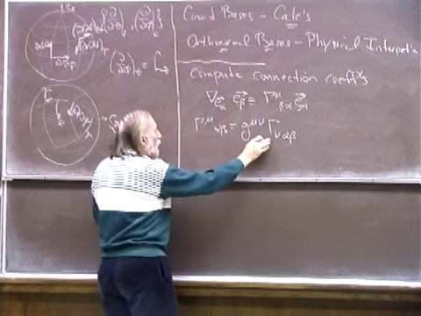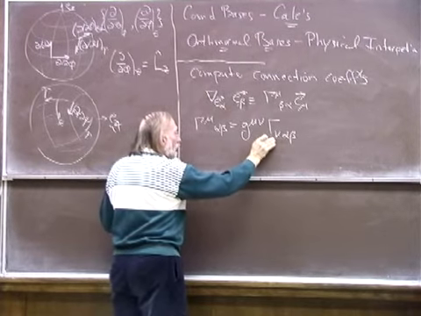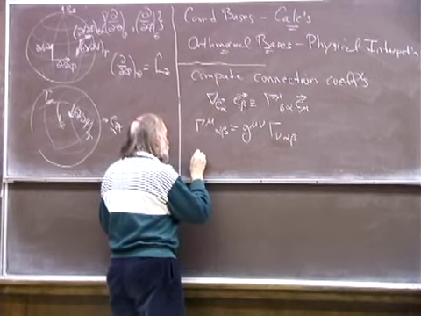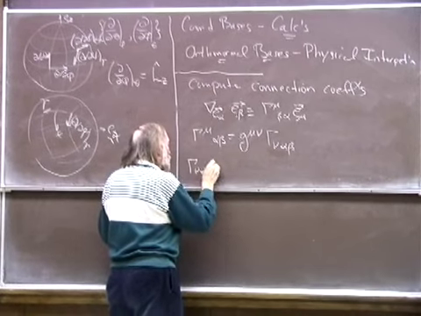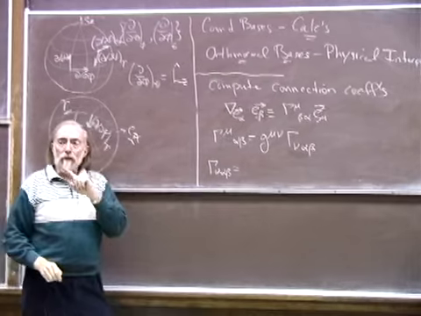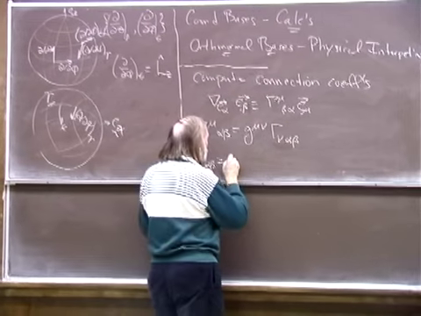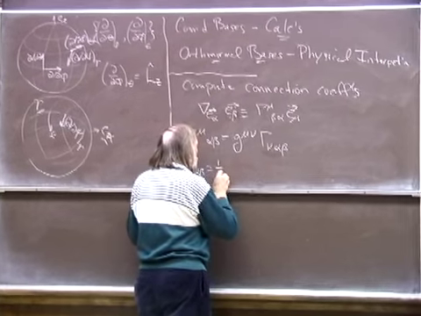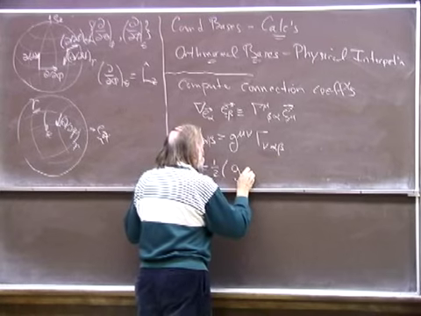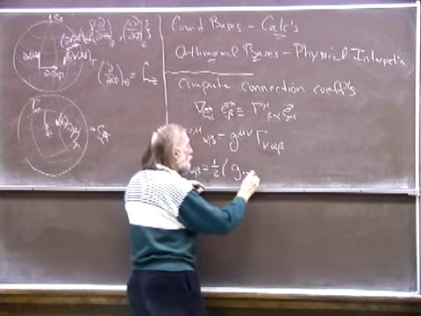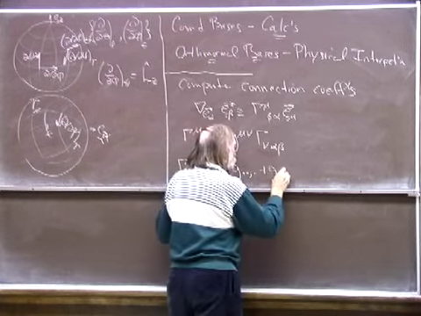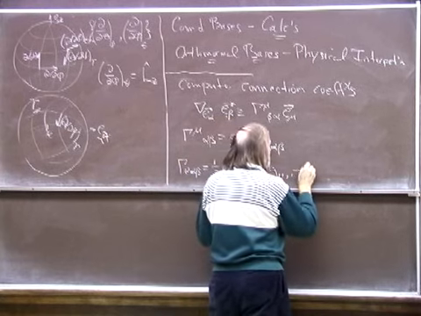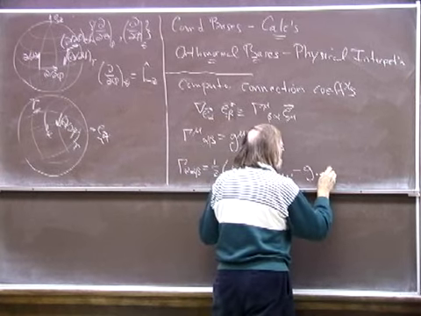Before that, you need to know what the connection coefficient with all the indices down is. The precise formula is written down in your reading, but it has the form 1/2 metric coefficients with a partial derivative plus metric coefficients with a partial derivative minus metric coefficients with a partial derivative.